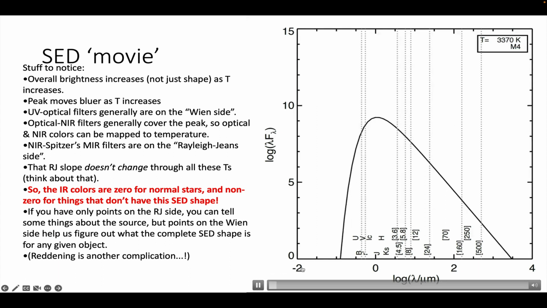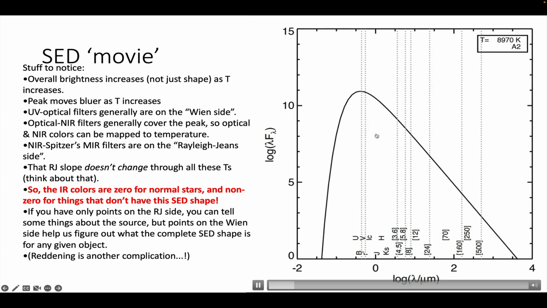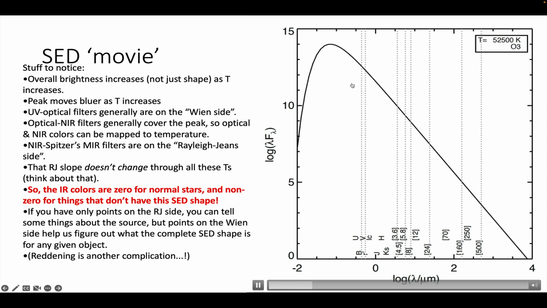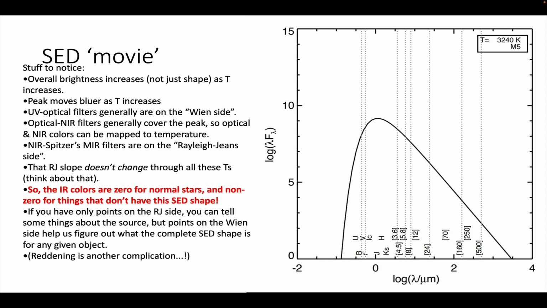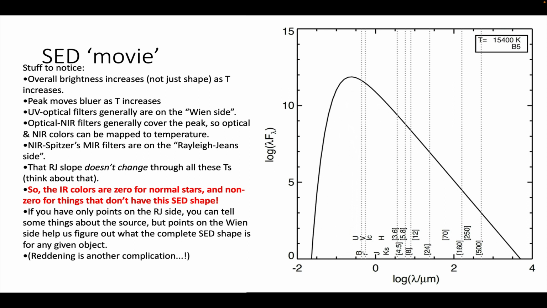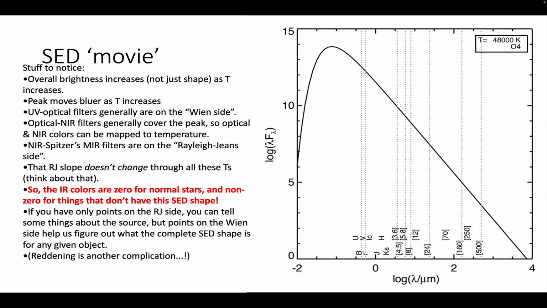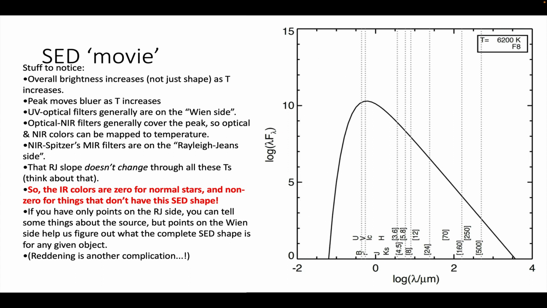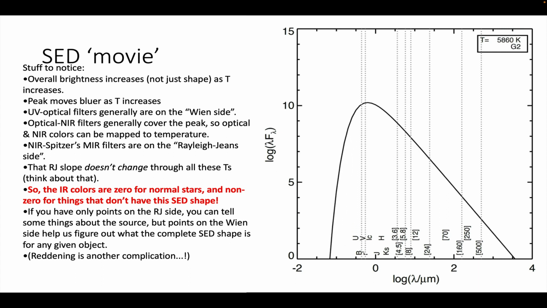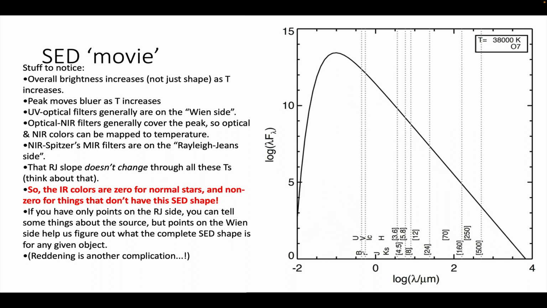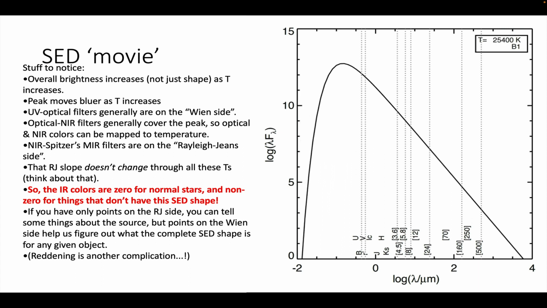Okay, so look and see here. The overall brightness is increasing. Not just the shape is changing, but the overall brightness is increasing as temperature is increasing. So the whole thing is getting brighter. The next thing to notice is that the peak moves bluer as the temperature increases.